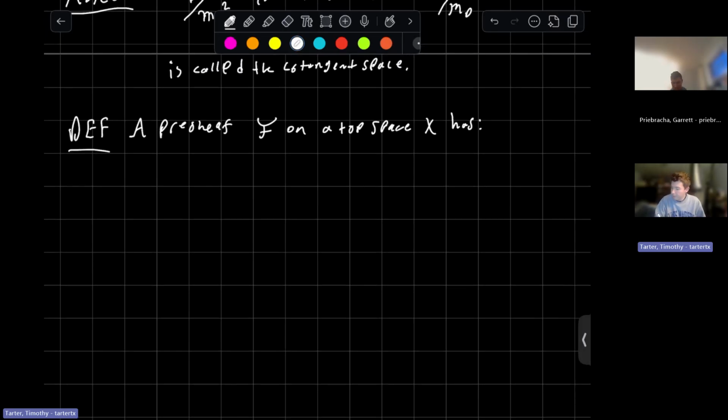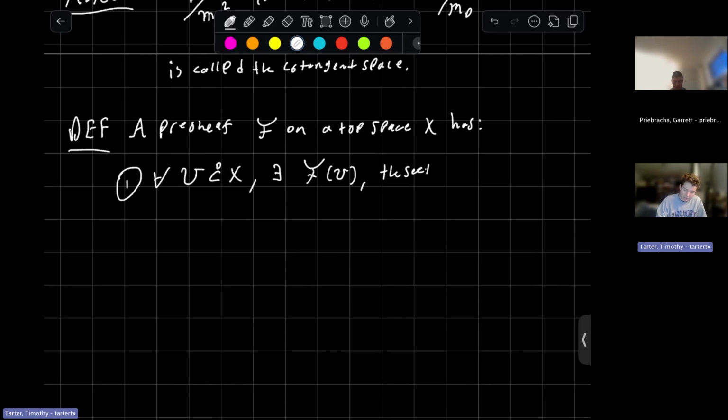For every U which is open in X, there exists script F of U. The elements of F of U are called sections of F over U.